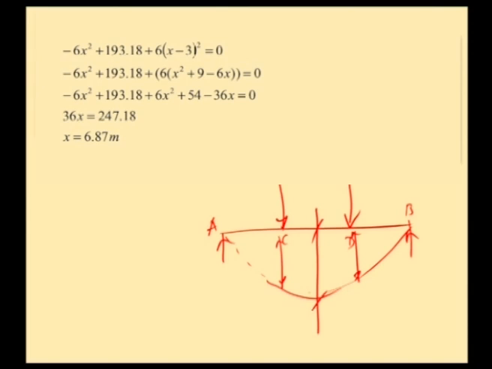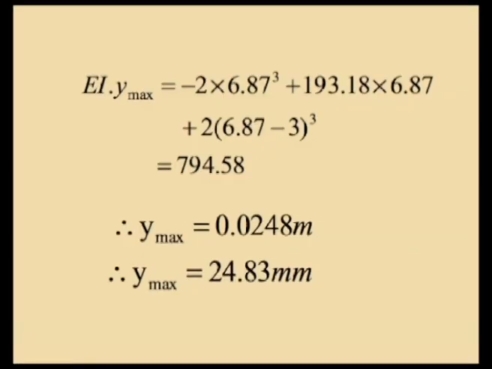So, let us assume that maximum deflection occurs in portion CD, and hence we can equate the slope equation up to the second dotted line to 0 to get the point where deflection will be maximum. Equating that, you get x equal to 6.87 meters. We need to check whether this 6.87 meters meets the assumption which we had made.